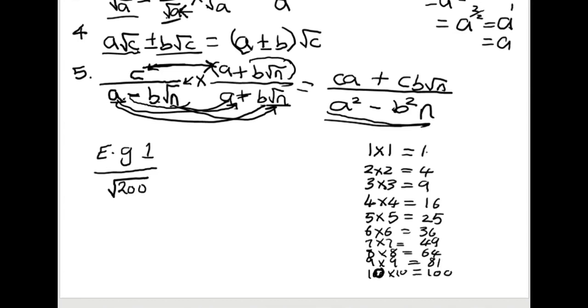So if you take each of these numbers and square them, it gives you back the number used to multiply it in pairs.